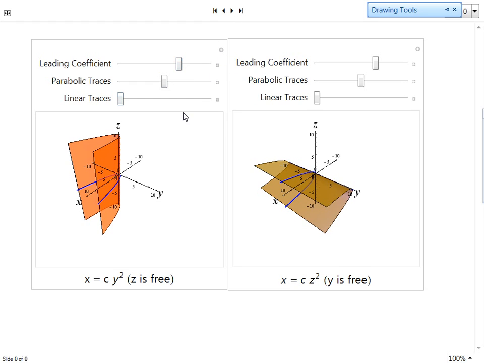And then remember with parabolas, remember that number c in front? What did the parabola do if the number in front was positive, it went like that, and if it was negative, flip to the other side? So on all these things, you can grab that coefficient and wrap it around. So x equals y squared, z is free, goes along the x-axis, but you can change it and flip it to the other side if you change that c.